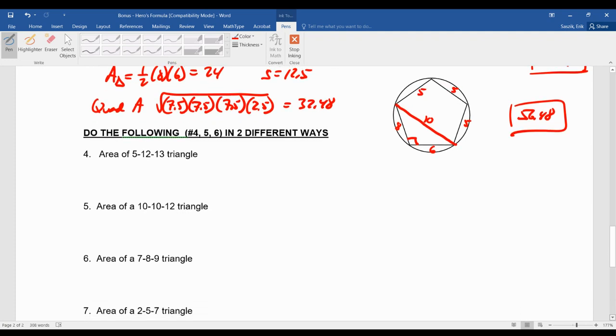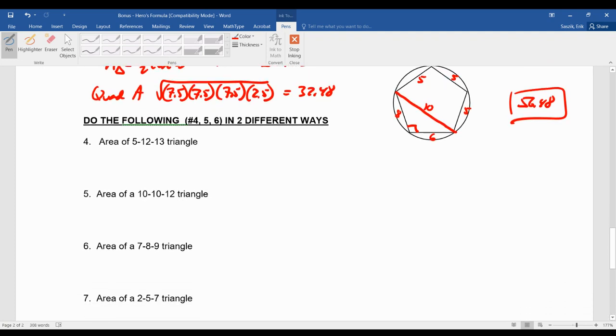All right. I didn't do one with Hero's, so I'm going to quickly do number 4 with Hero's. Obviously, it's a right triangle. You can find this area immediately by doing 1/2 base times height. But if we were to do Hero's, the semi-perimeter, if I add those together, I get 17 and 13, I get 30, divide by 2.